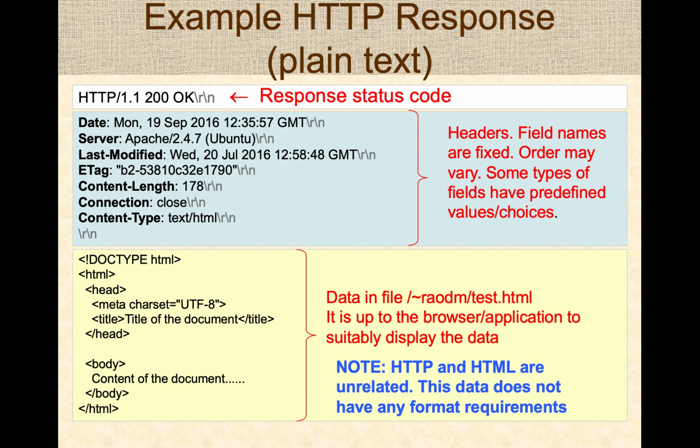You can also use the HTTP response to send binary data like images or movies and things like that. And here there are two key fields that are important. There is content length. Here it says 178 bytes, which is the size of the data that's being sent. And the content type is also important. That tells the web browser what type of data is being sent by the web server so that the web browser can suitably display that information.